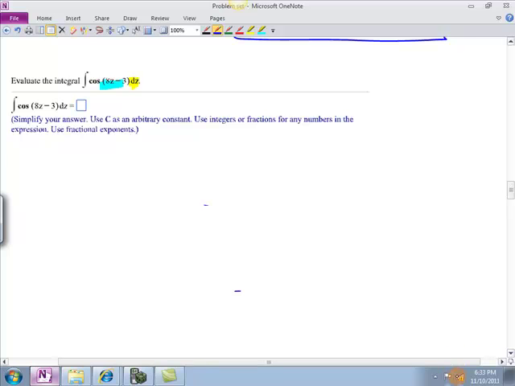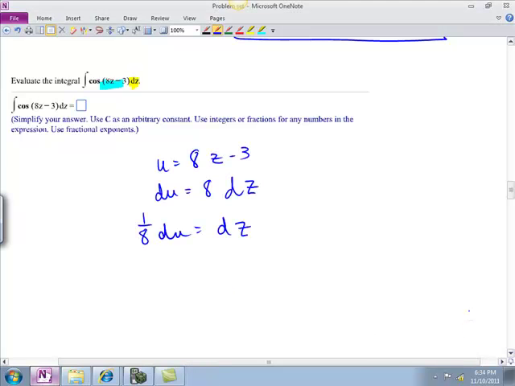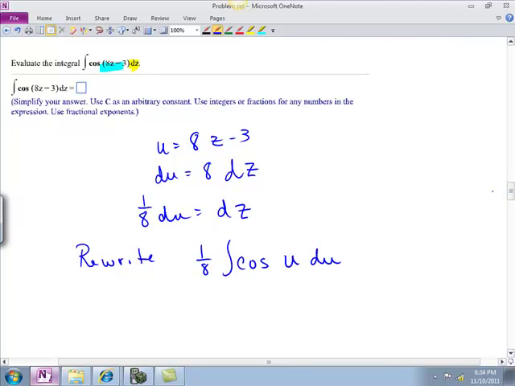He's a trig one, so let's try that. Or the argument of a trig function. Okay, those are your 3 main things that you're going to look for. And then we're going to rewrite 1/8 integral of cosine u du. And what's the integral of cosine?